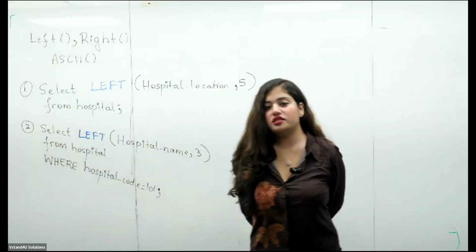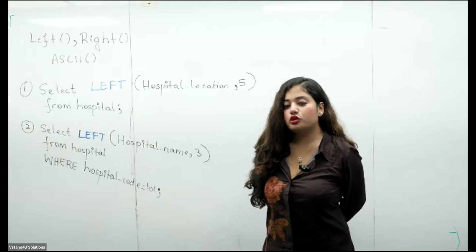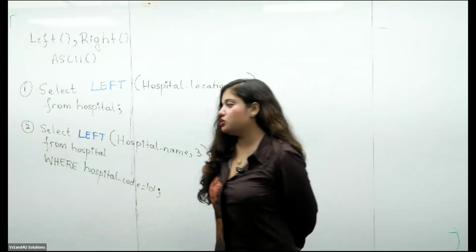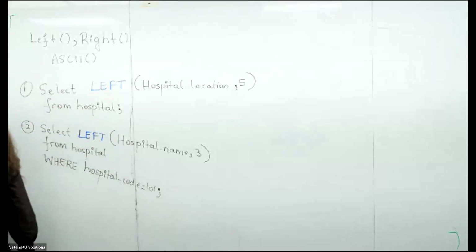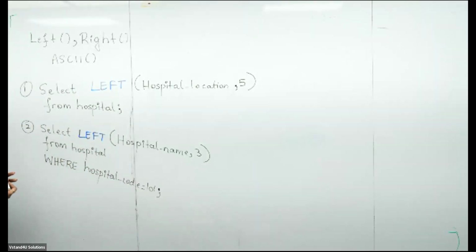Now, which function you are supposed to use? You are supposed to use the right function. Yes or no? So, how will you write the query for this one? Yes, everyone.